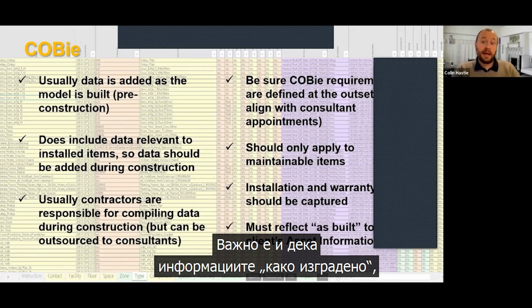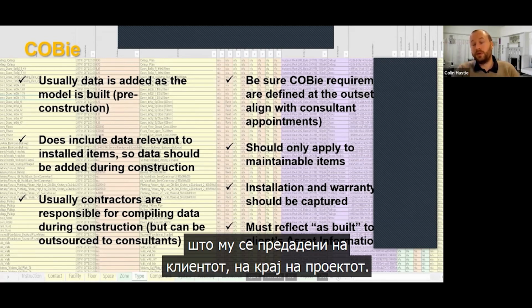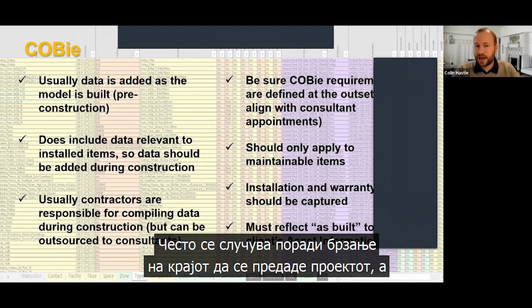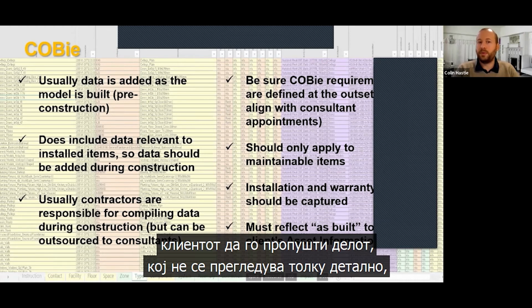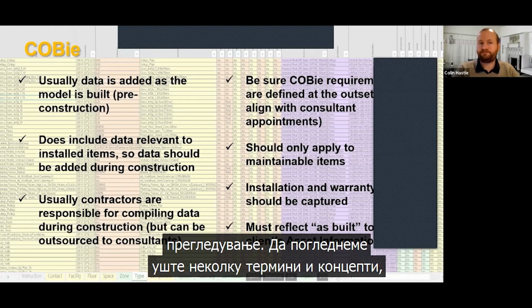And the key thing is that the as-built information has to match what has been built. In order to trust the data that is handed over to a client at the end of the project, it has to be accurate to what's been installed. And quite often, in a rush for handover to get the project handed over to the client, this is the bit that people neglect, and it doesn't get updated quite as accurately as it should, and it gets caught as part of the check process.